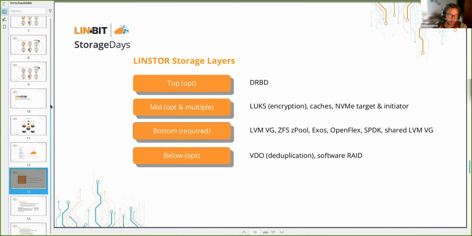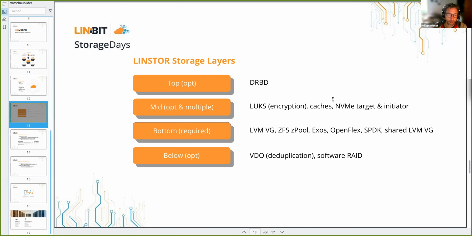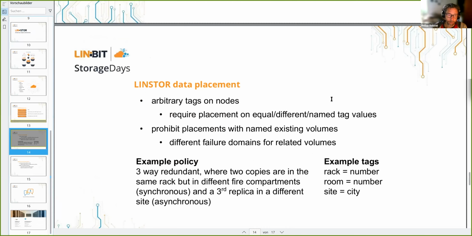Yes, then I have here a few details about LINSTOR's data placement. In the resource group, you could have a policy that is really complex. It says something like all volumes should be three-way redundant, two copies in the same rack, and a third copy in a different fire compartment, or similar things.